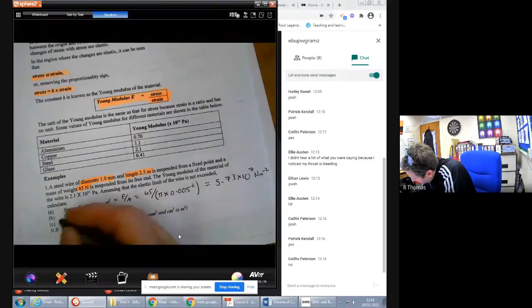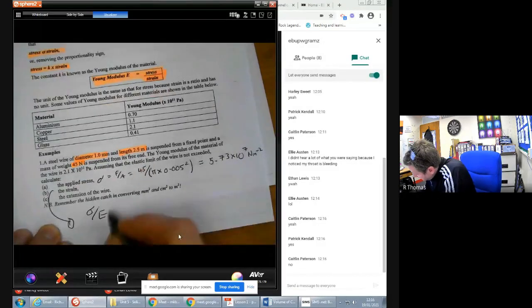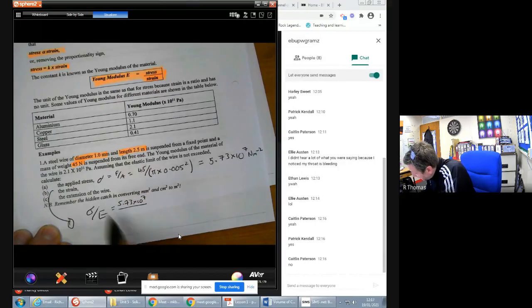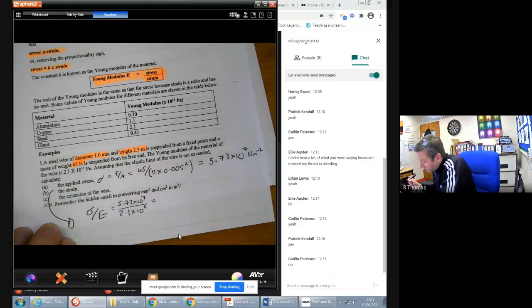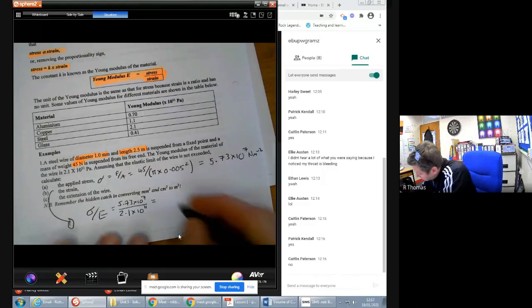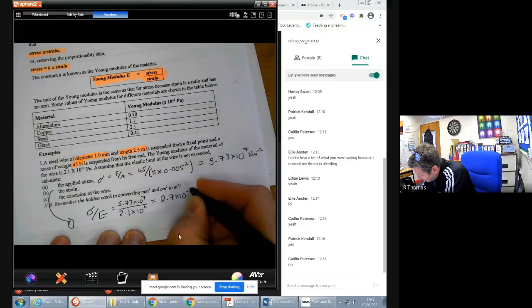The strain, epsilon, is the stress sigma divided by the Young's modulus, capital E. We've just worked out the stress is 5.73 times 10 to the 7, and that's going to be divided by the Young's modulus, which they give us as 2.1 times 10 to the 11. Put that in the calculator, and I've got roughly 2.7 times 10 to the minus 4.